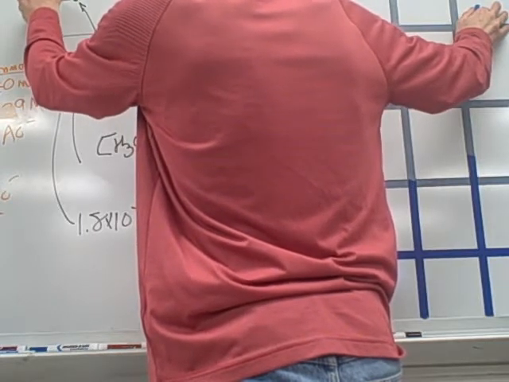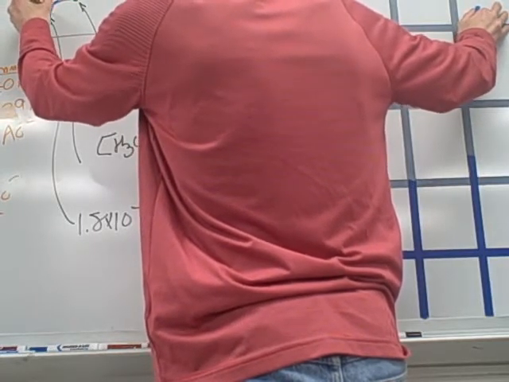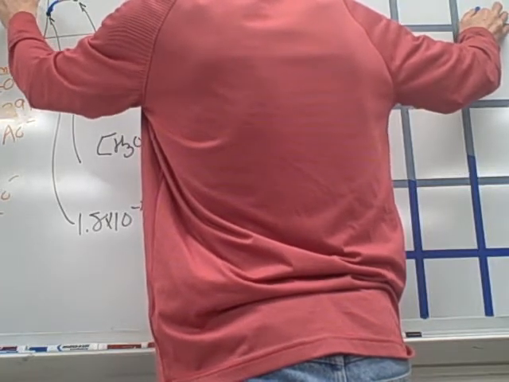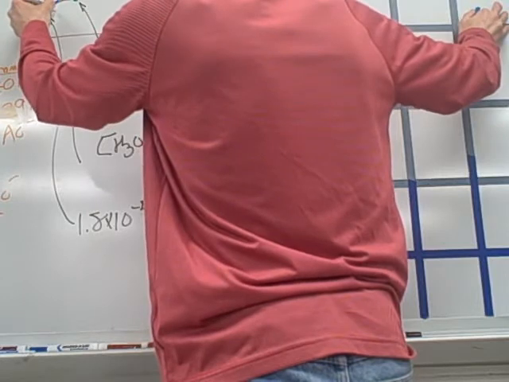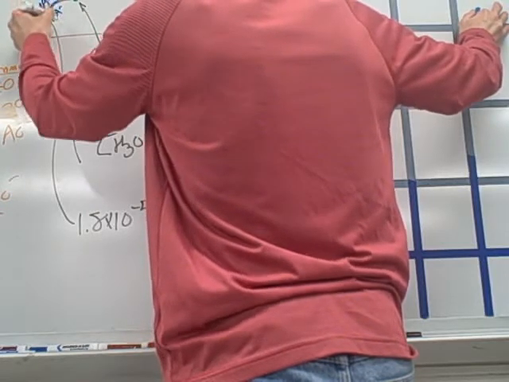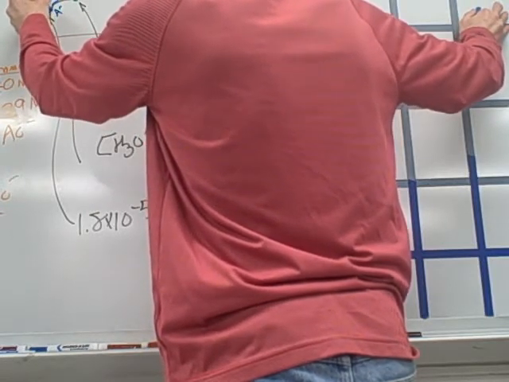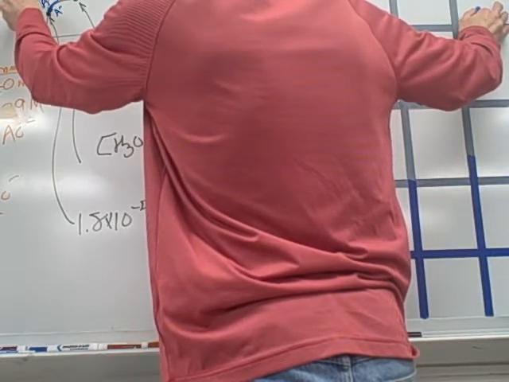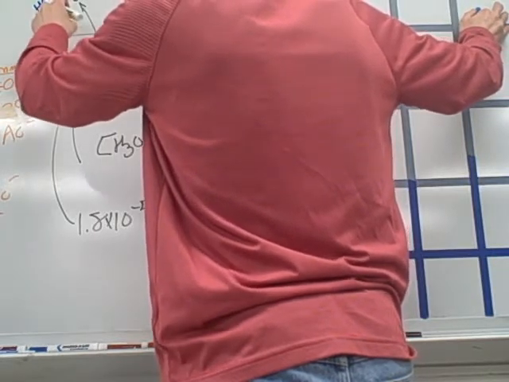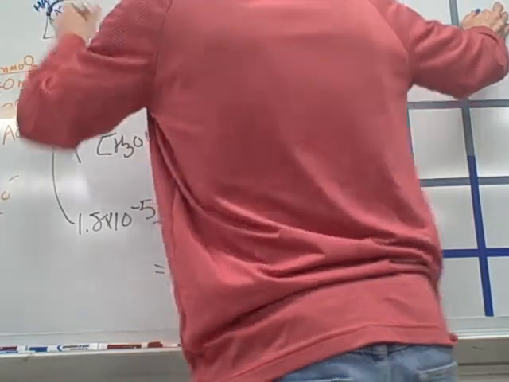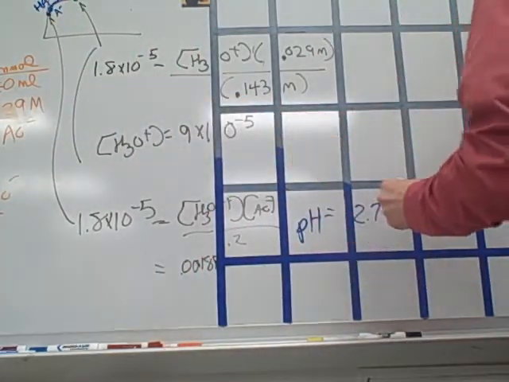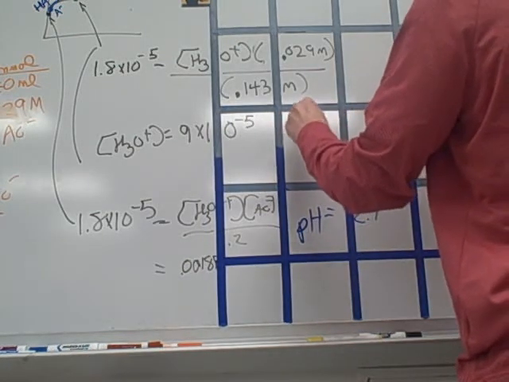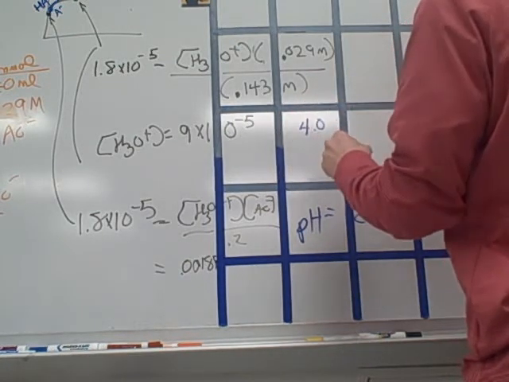The initial jump occurs because now all of a sudden you have something besides HA in there, and you're starting to add a substantial amount of A minus, because those A minus are now being produced as we react the HA and make A minus. So there's this initial bump. So this pH is fairly low at 2.7. By here, we find that the pH is about 4.0 something.